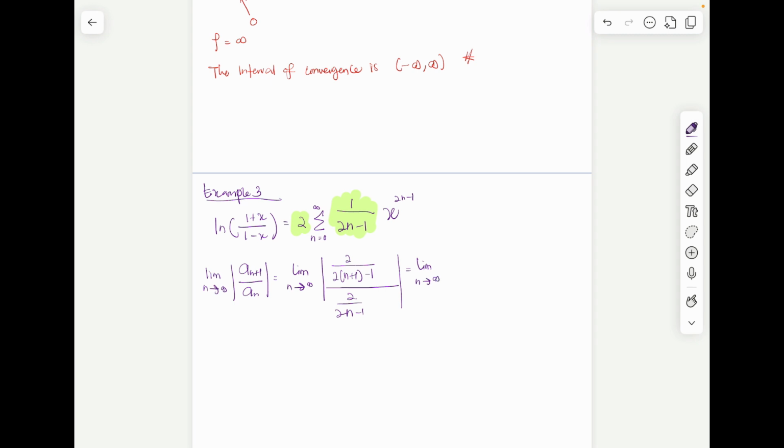Okay, so you rearrange first. So 2 multiply with 2n minus 1, divide with, okay, I expand directly, so it becomes 2n plus 2 minus 1, and then multiply with 2.